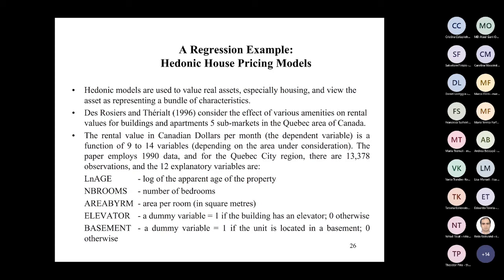Understand So, what can be improved for Amazon, what can it do to make themselves more this of study a considers the sustainable effect of company. various analysis on rental values for buildings and Some apartments of the critical studies, Quebec area. here, The so the rental top, value per the top month in statements are Canadian from the report dollars themselves, is a function of talking about the respective freedom association, from 9 to 14 variables.